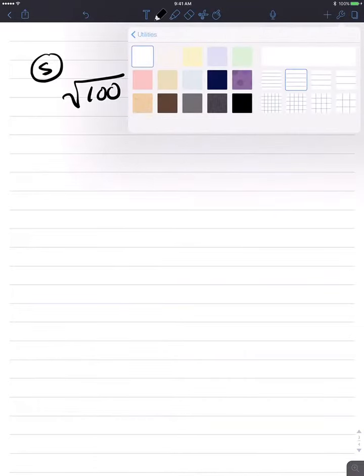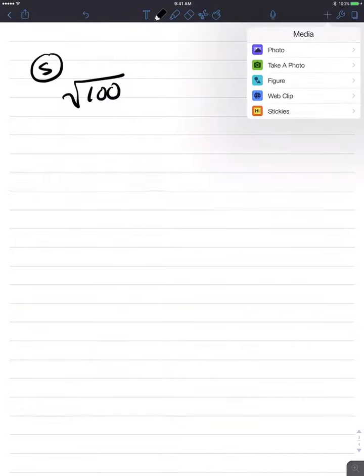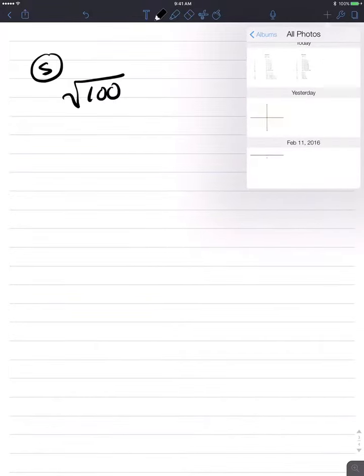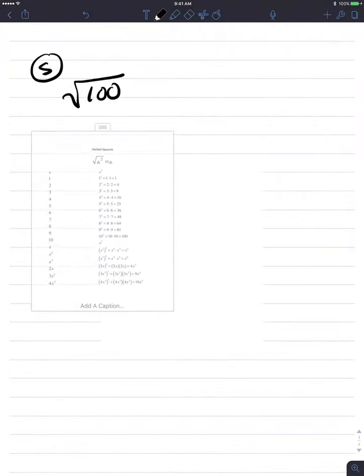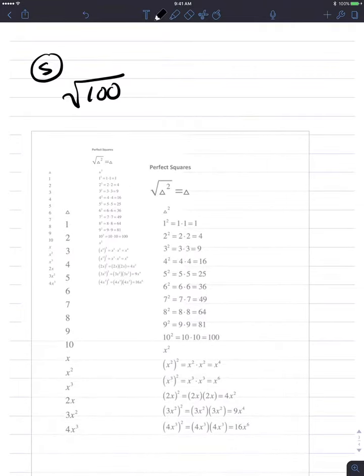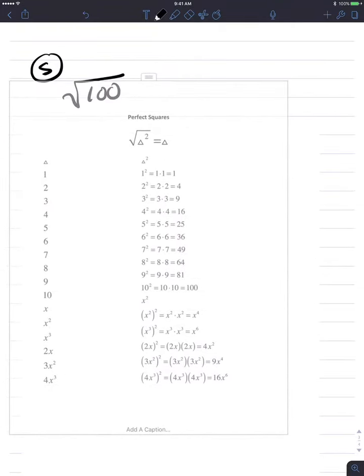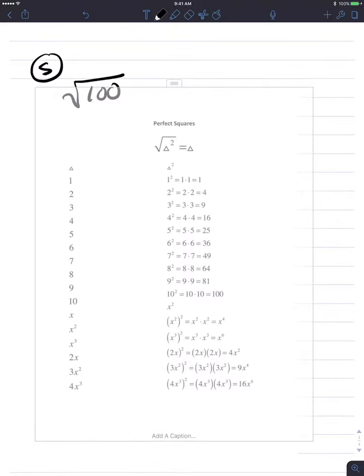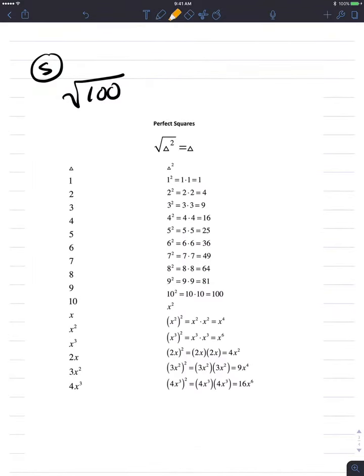Number 5, the square root of 100. Using our table, we notice that the number 100 is a perfect square.